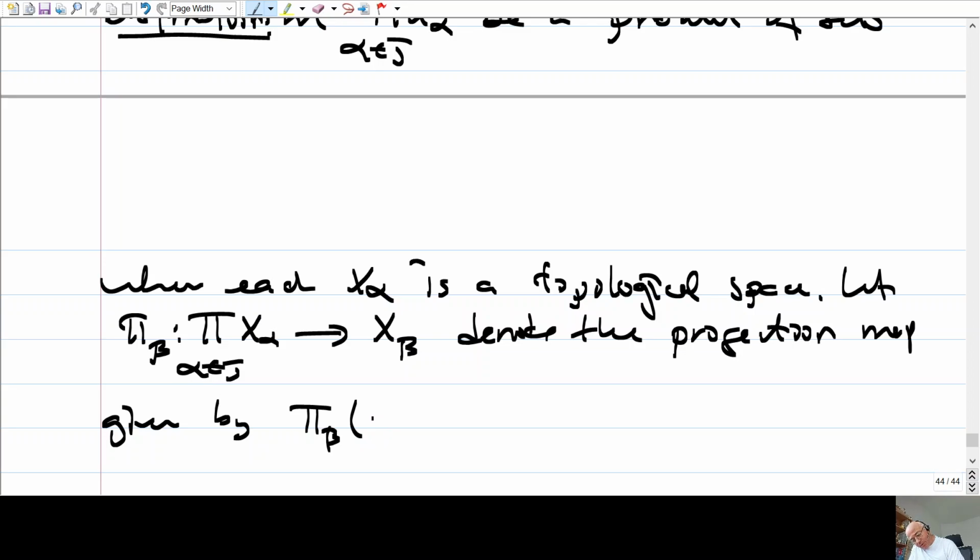This is defined as follows: whenever I have an element of this type, I pick up its beta coordinate.